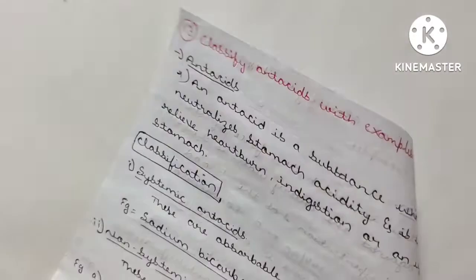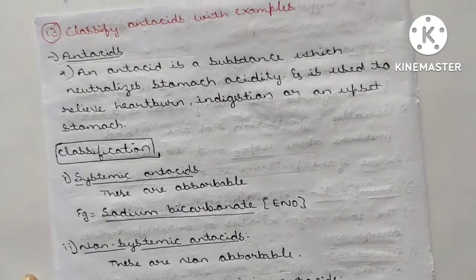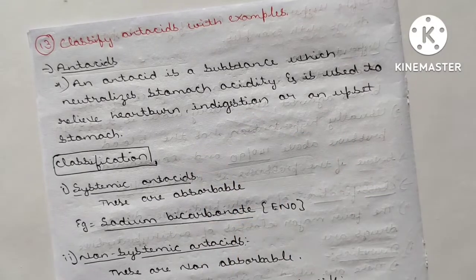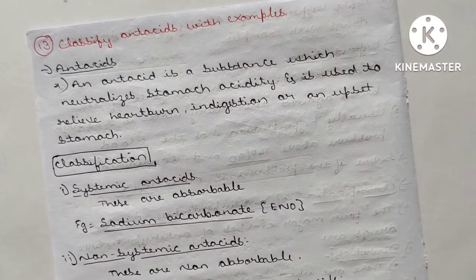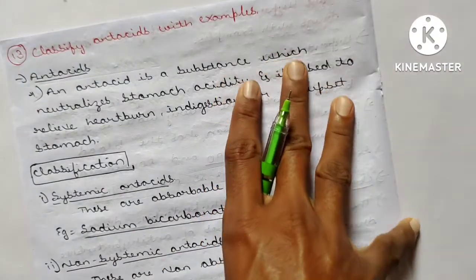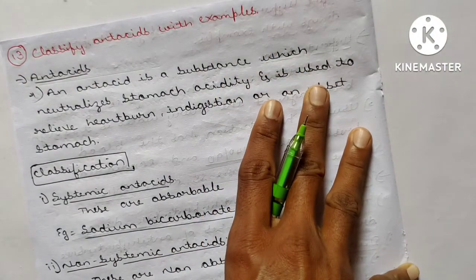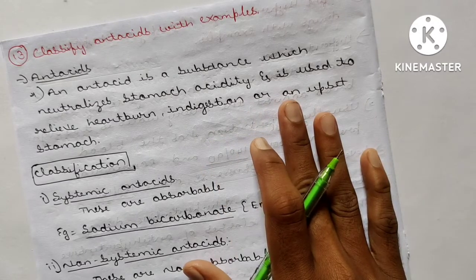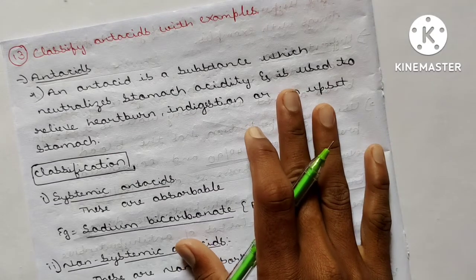Some questions, not some, 5% of questions from Pharmaceutical Chemistry 2 you will get here. Those questions will be repeated here. Some questions I have not repeated here. You go and download the Pharmaceutical Chemistry 2 notes, there you will get some questions.